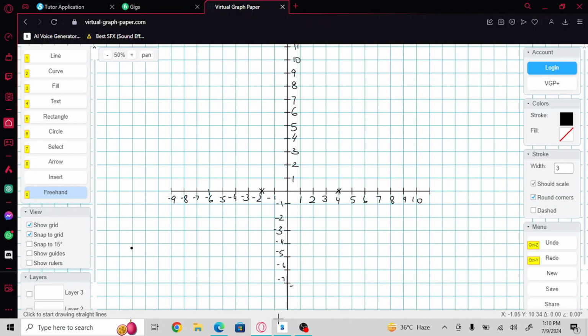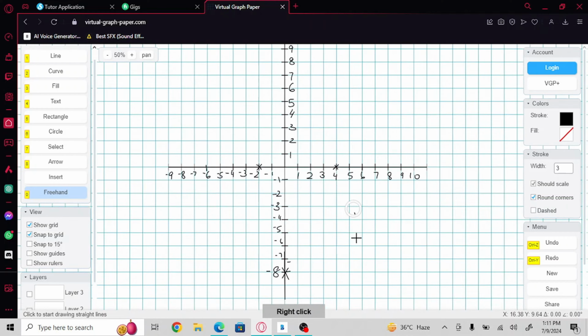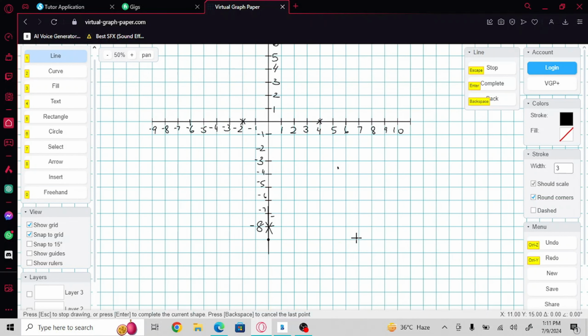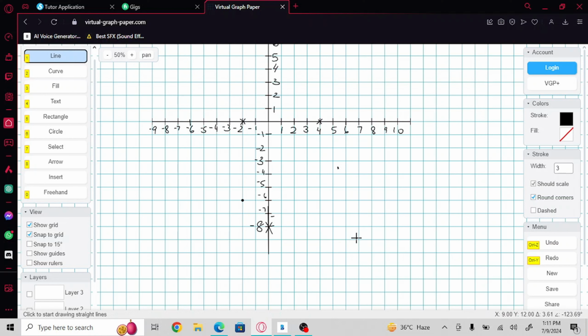I think I have to extend my graph for now. At this point it's going to be negative 8. Another point is going to come here, and I think we have to further extend the graph. Let me just make a line here. Wait a second.